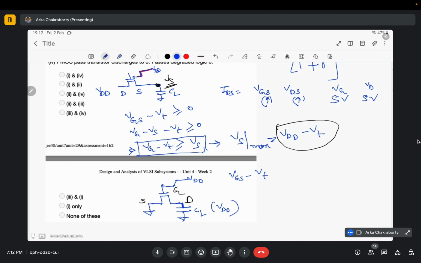Fine. Similarly here also, VGS minus VT should be greater than or equal to 0. So VG is VDD minus Vs. Vs is here 0. So VDD minus Vs minus VT should be greater than or equal to 0, and Vs here is 0.